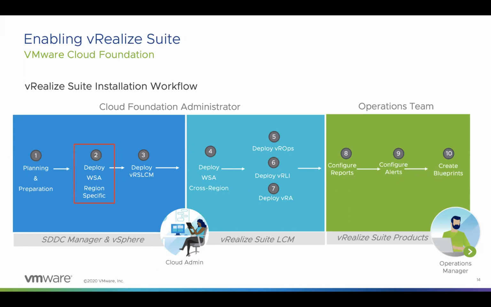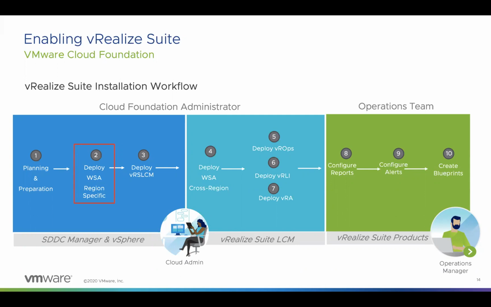We have a demo where we will show how we do it. But we don't have to manually download the lifecycle manager and deploy it separately now. We connect to the SDDC manager and download the lifecycle manager bundle from SDDC manager, if you have internet access from the SDDC manager. If you don't, we can still do an offline download of all those packs, transfer them to the SDDC manager, and use them the same way.